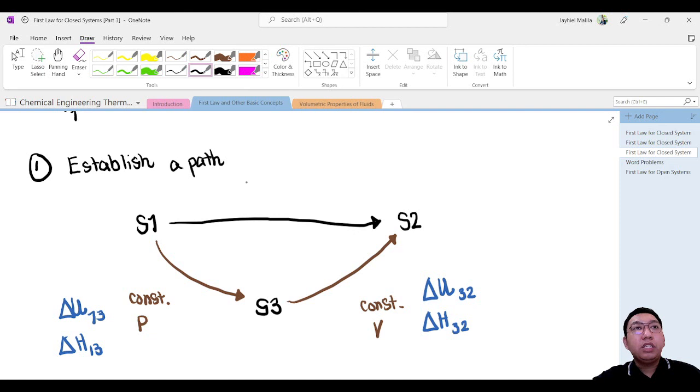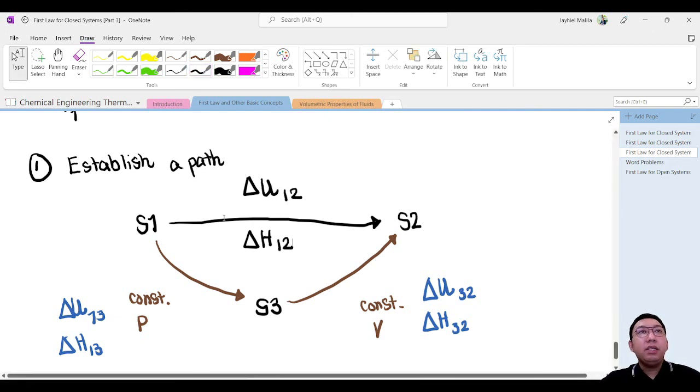Because by just focusing on the original path, we cannot determine, because the first path is a mix of changes that are difficult to solve. So we cannot use the thermodynamic relationships that we have discussed for first law for closed systems.